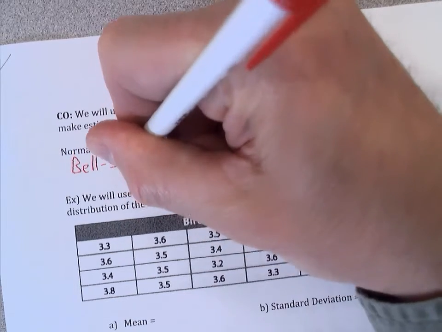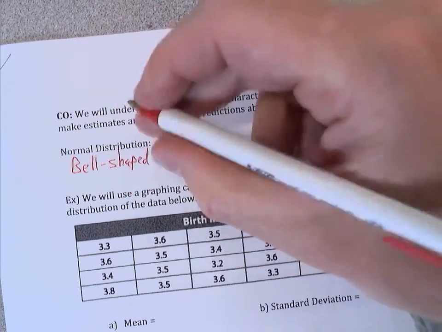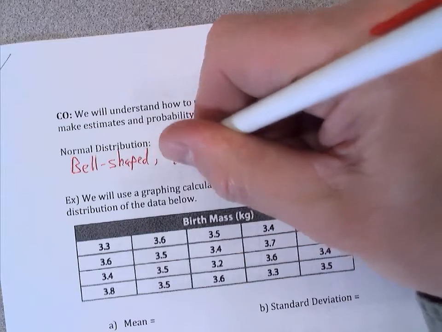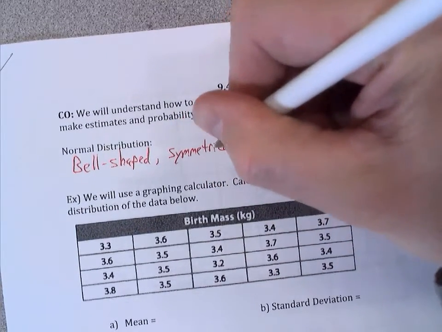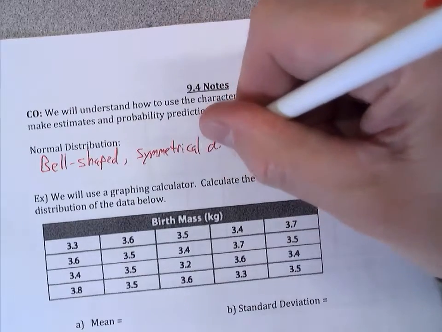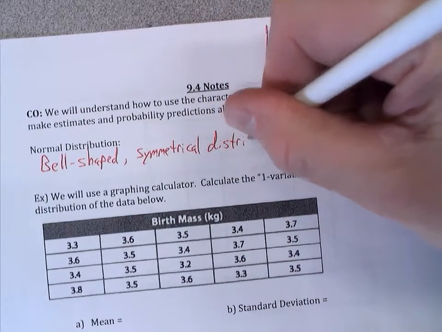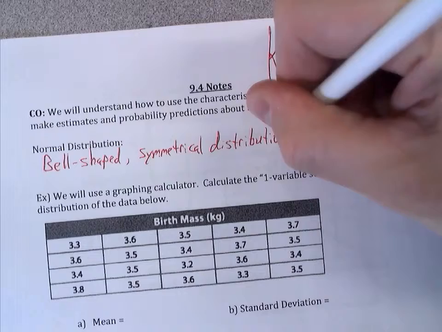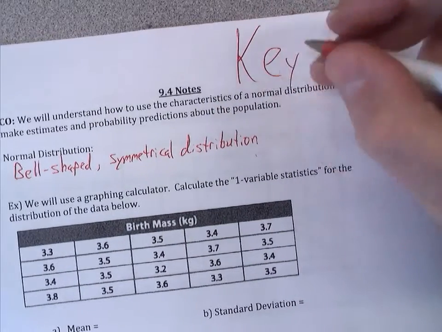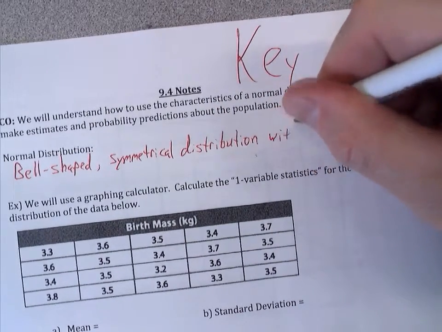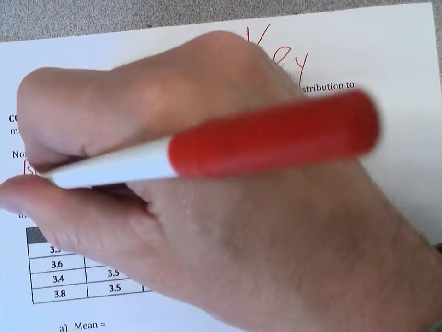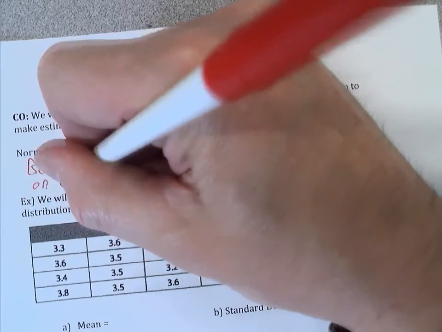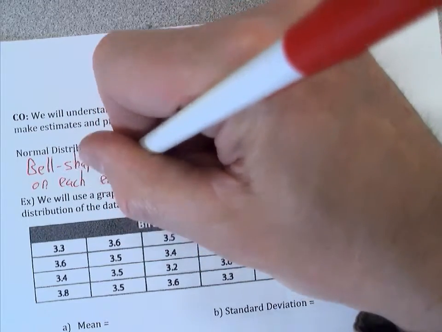Bell-shaped, symmetrical, distribution with a tail on each end.